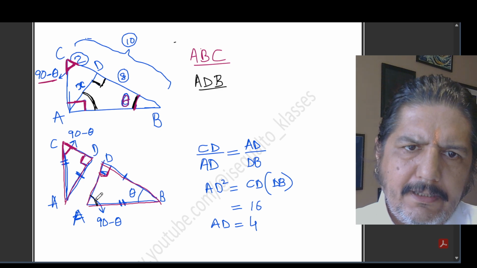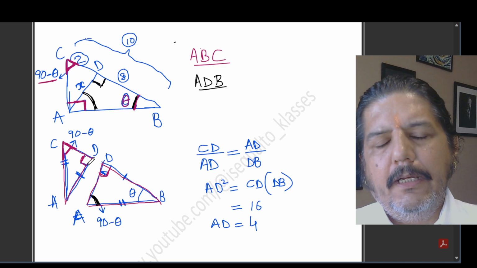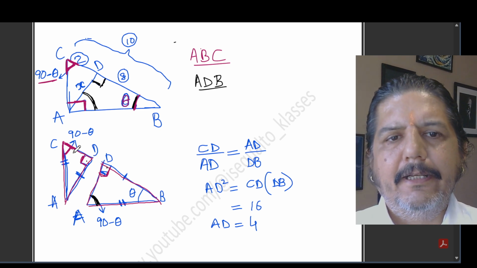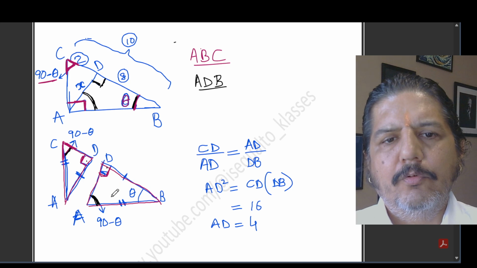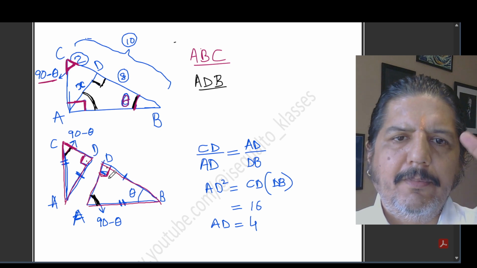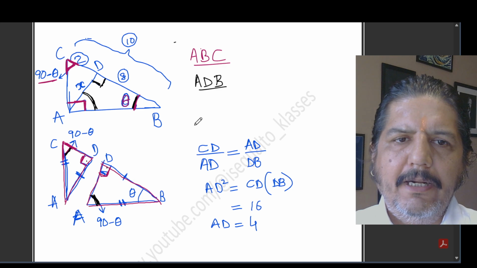So therefore, this angle is actually 90 minus theta. Now see what has happened. In the two triangles that we are trying to prove similar, this and this are 90. This is 90 minus theta that I have proved. This is 90 minus theta. So therefore, the two triangles are similar by AAA. So the similarity of the triangle is done.